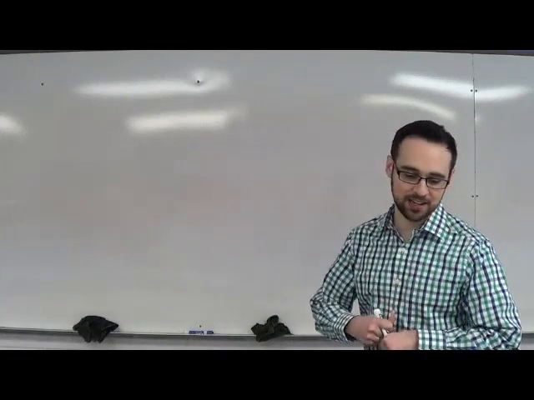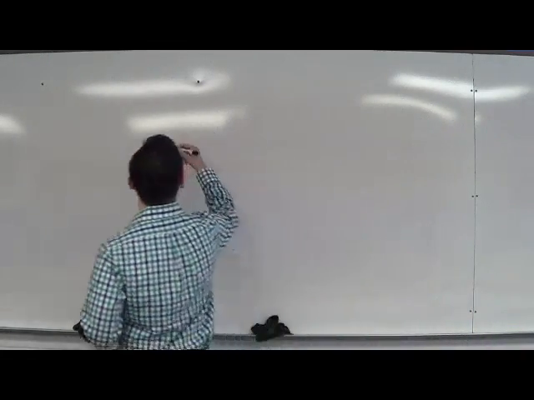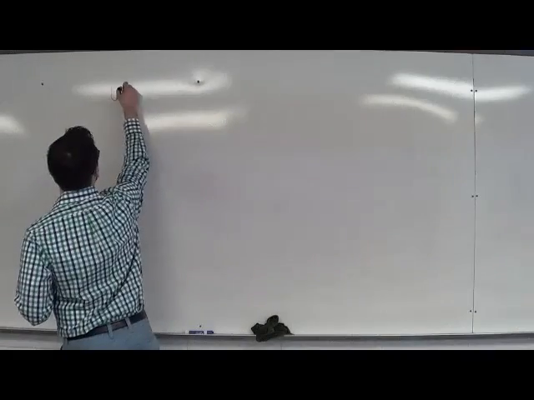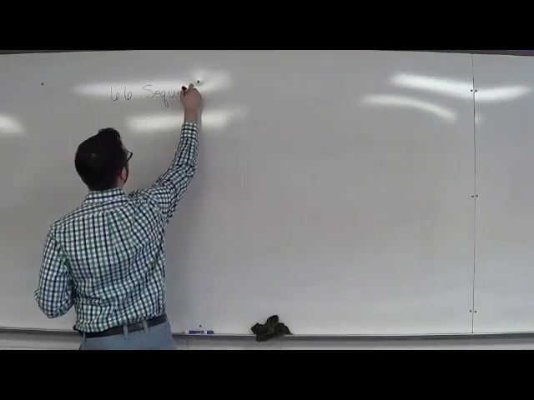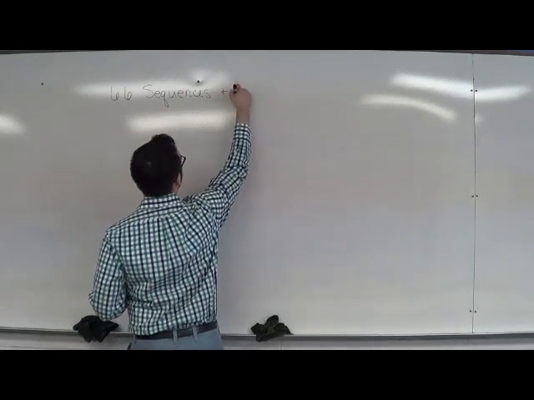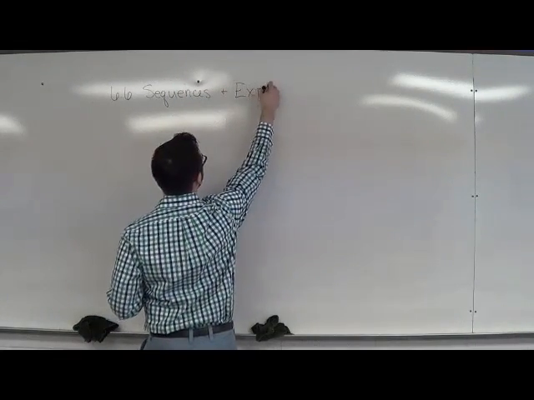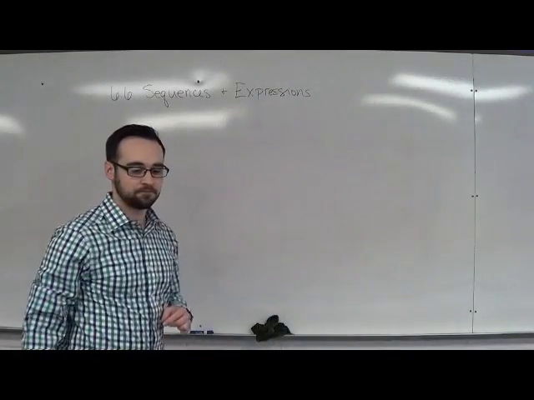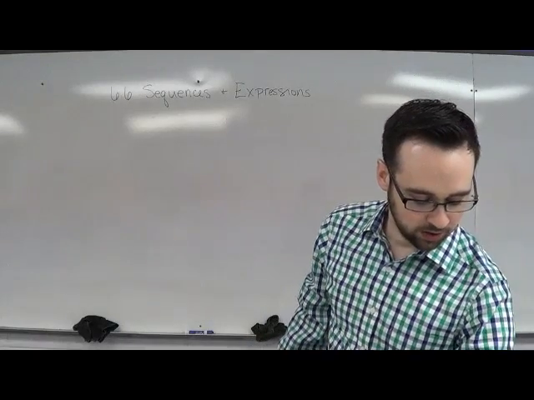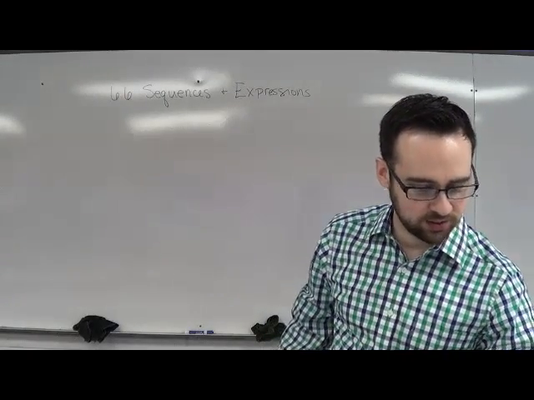So today we're doing section 6 of chapter 6. So we're going to do 6.6. It's entitled Sequences and Expressions. So just a few definitions here that we're going to talk about.